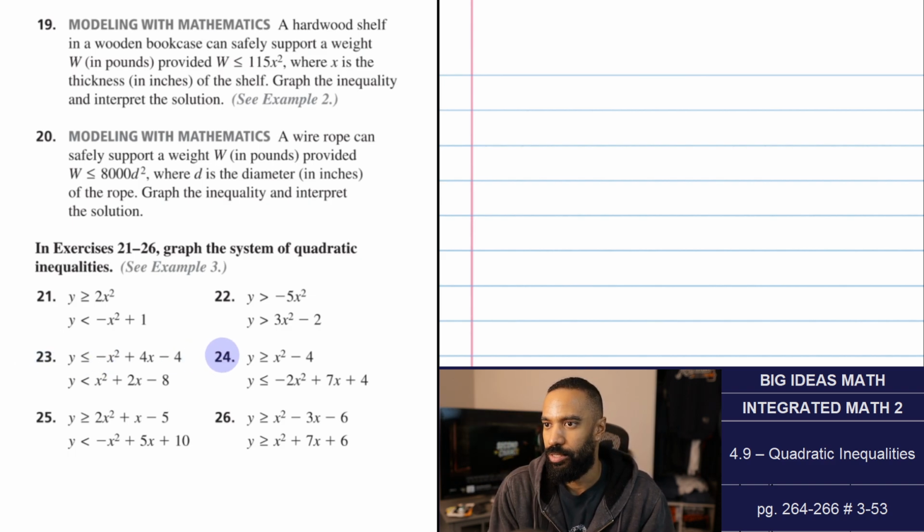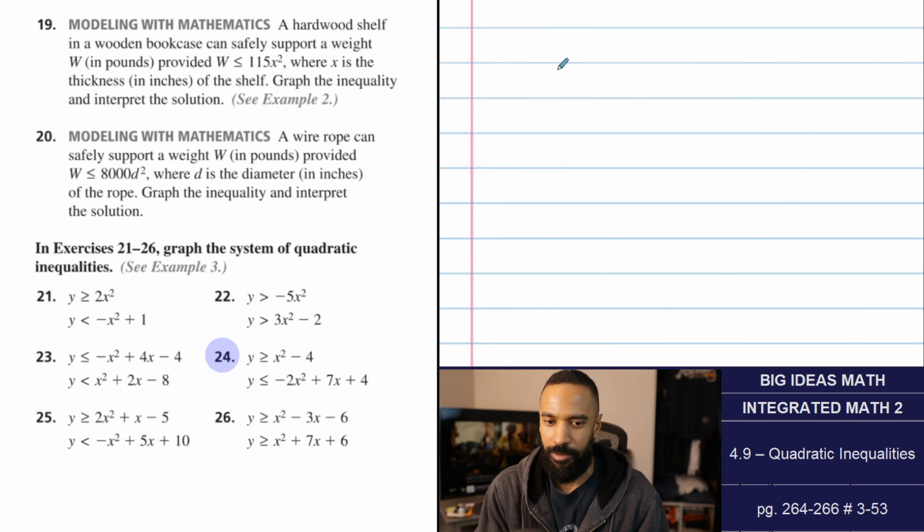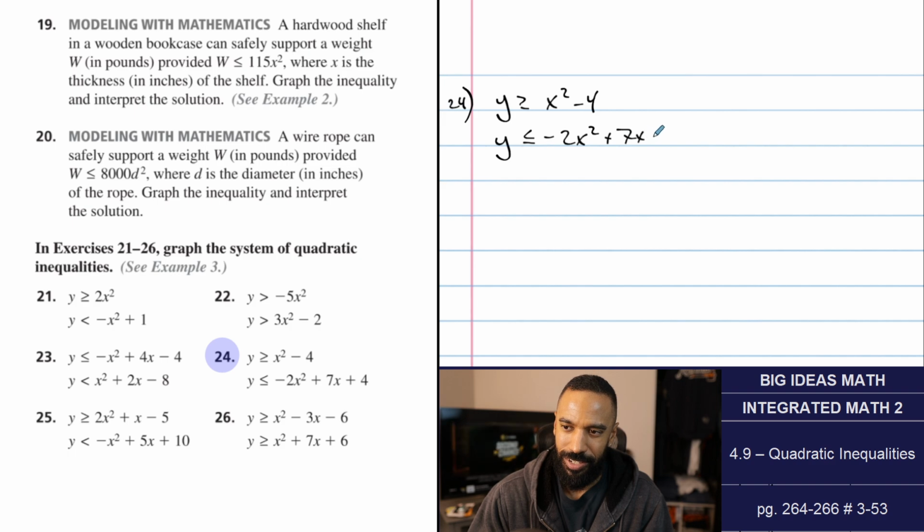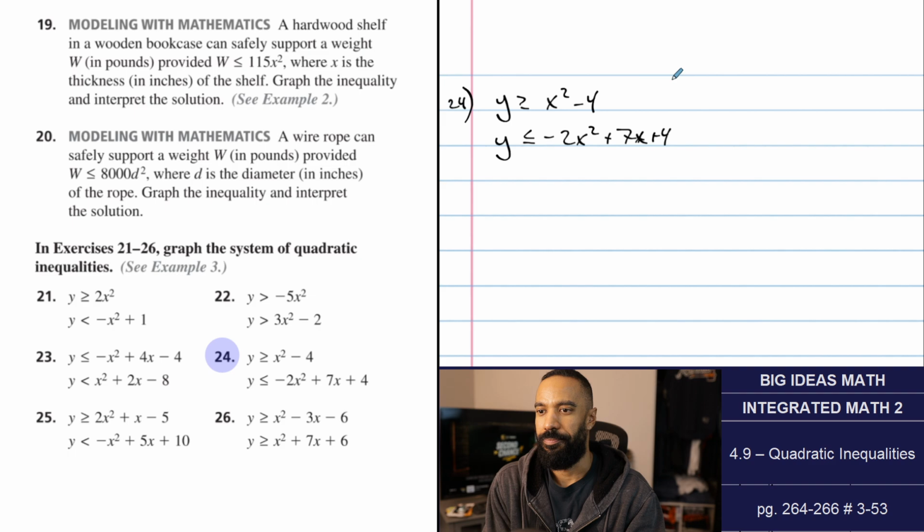I was all about 24 maybe being bad. At least that second one is still factorable, but if the vertex is bad, then it's just harder to draw. So number 24, that top one should be fine. Bottom one, not so much. That's an X. All right.